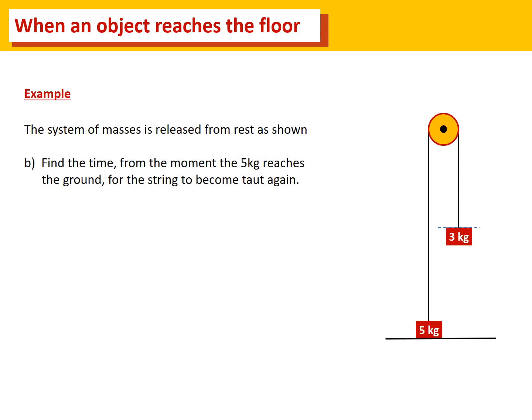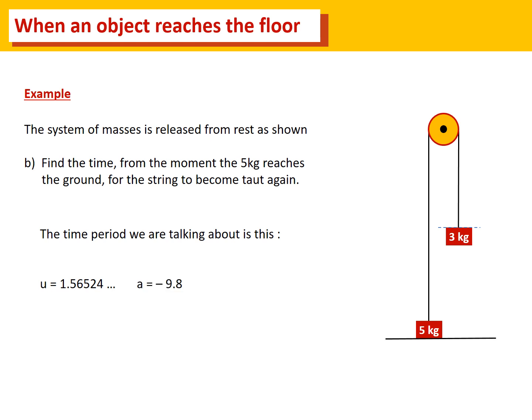In part B of the question, we want the time from the moment the 5 kilogram mass reaches the ground for the string to become taut again. And that period of time is this period of time whereby the 3 kilogram mass travels upwards as a projectile, string is slack, and then when it comes back down there, the string becomes taut again. So it's the time the 3 kilogram mass is travelling freely under gravity as a projectile. Its initial speed travelling as a projectile is 1.56524 meters per second.